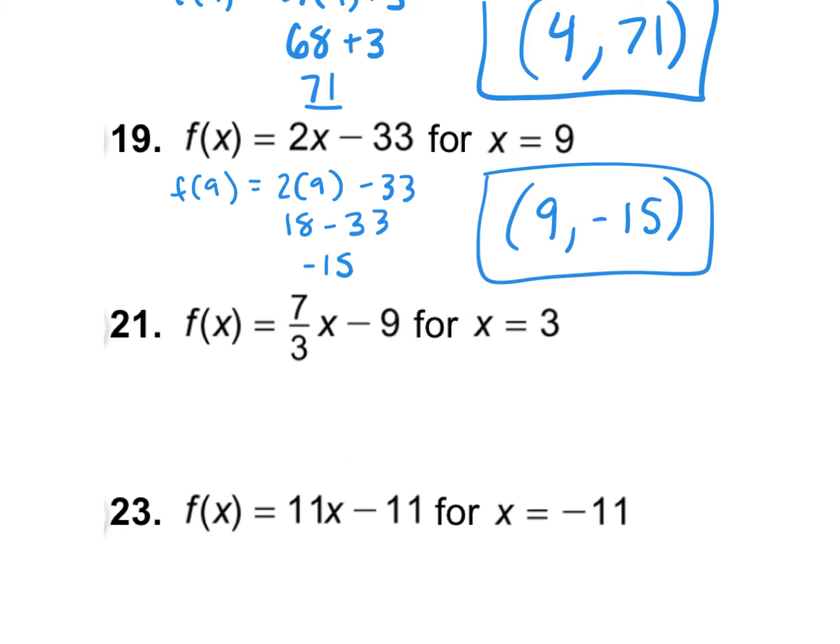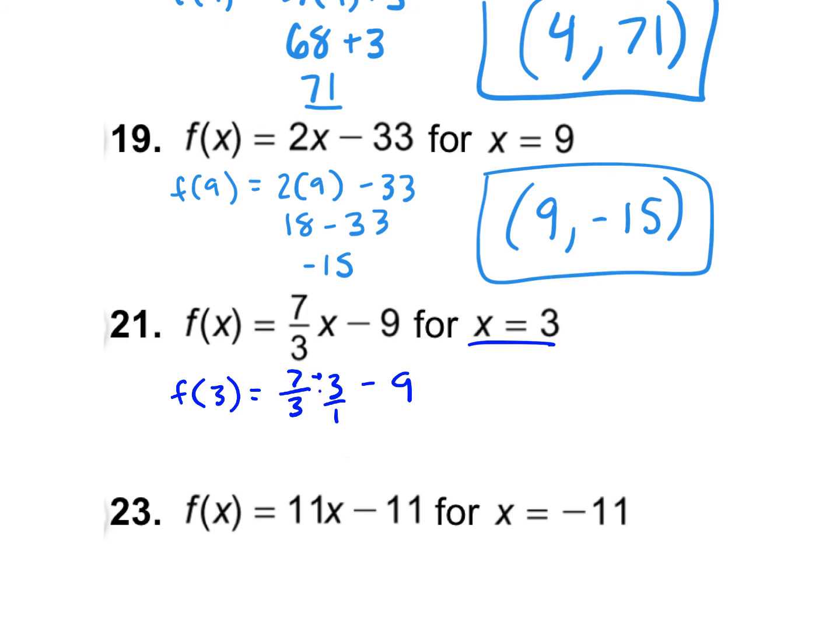For 21, I'm doing the same thing. So I'm plugging in 3 for x, because it tells me to here. So I have 7 over 3 times 3 minus 9. 7 divided by 3 times 3. If we have 3 over 1, we could think of it this way.